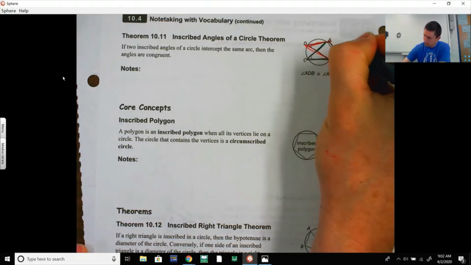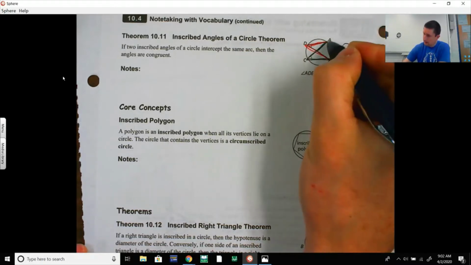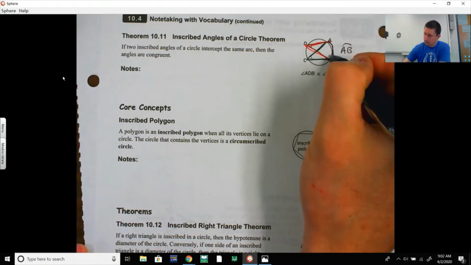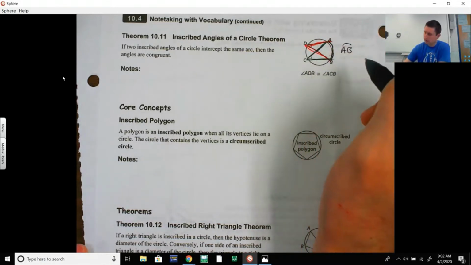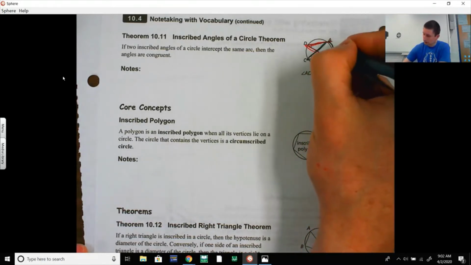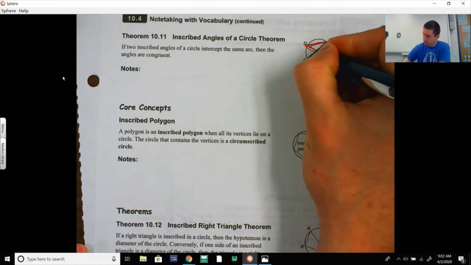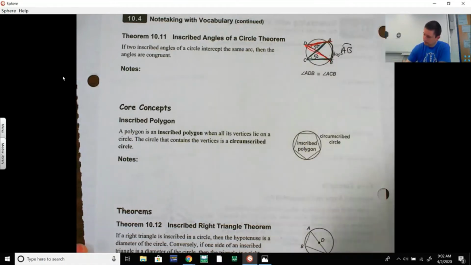So we have arc AB right here. ADB and ACB are both intercepting that. That means they're going to have the same measurement. So if this is 100 degrees, then both of these would be 50 and 50.